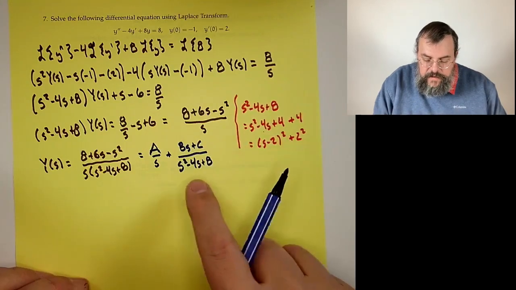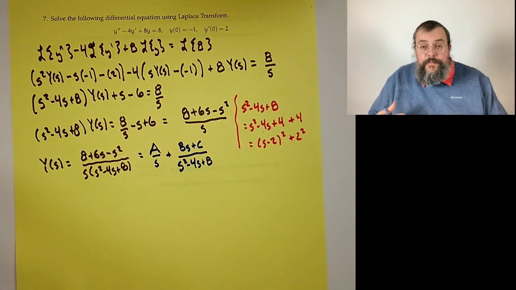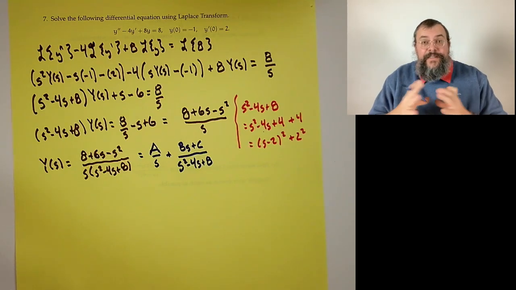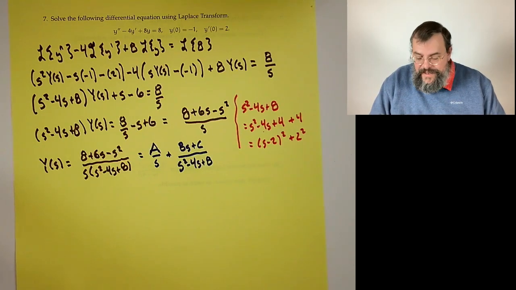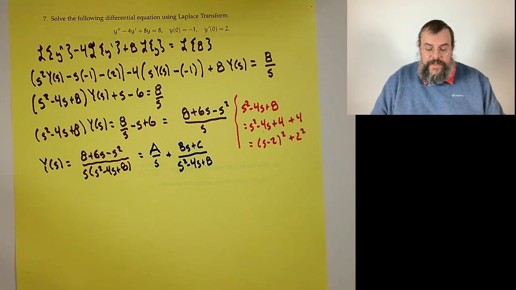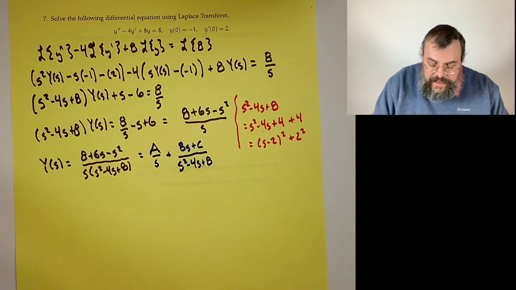And we have the upstairs in that form because the downstairs is an irreducible quadratic. It doesn't factor without doing complex roots. And so that's what we saw from this little computation here. Okay. So we just have to figure out A, B, and C.